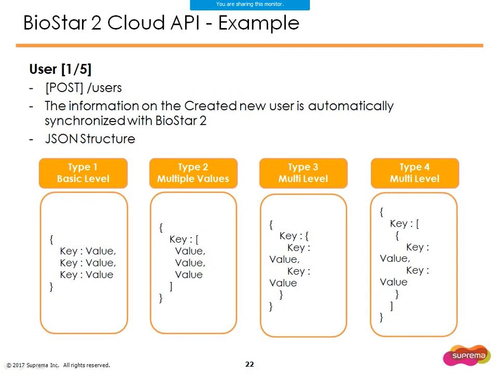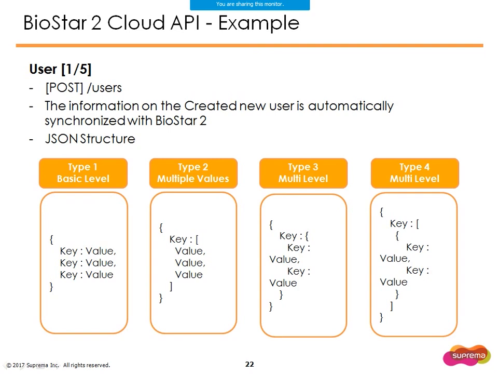We already use these structures in Login API. Next, type 2 is about the multiple values for a key. The multiple values are displayed as an array format.